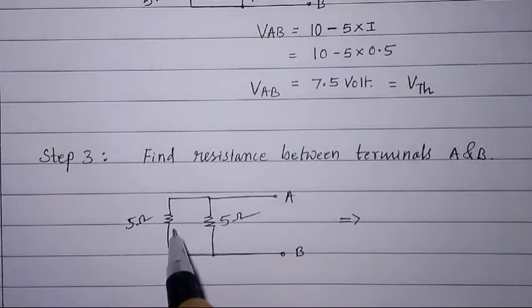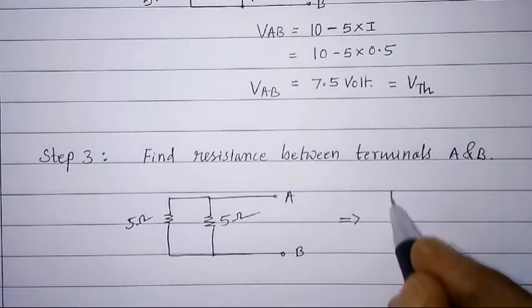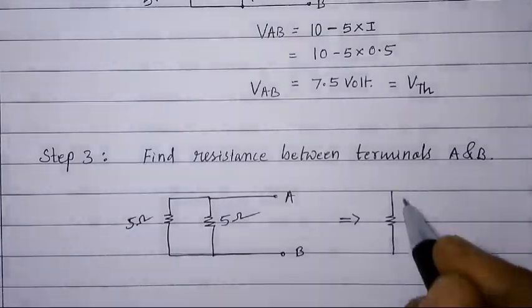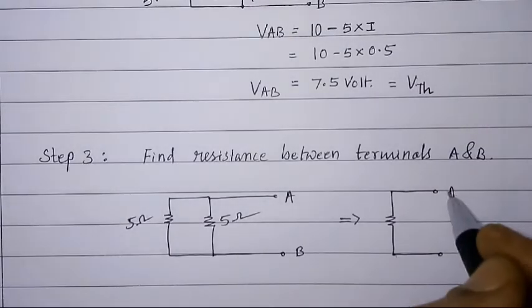Now you can see 5 ohm and 5 ohm are connected in parallel. So the equivalent resistance of 5 ohm and 5 ohm will now be connected between terminals A and B.